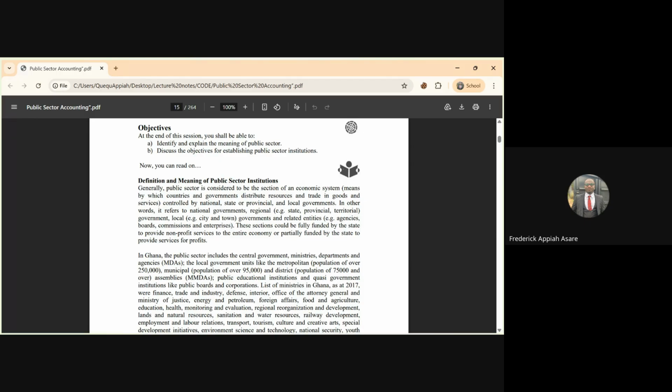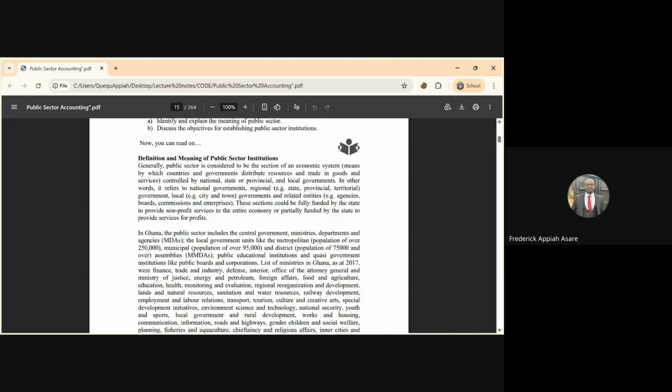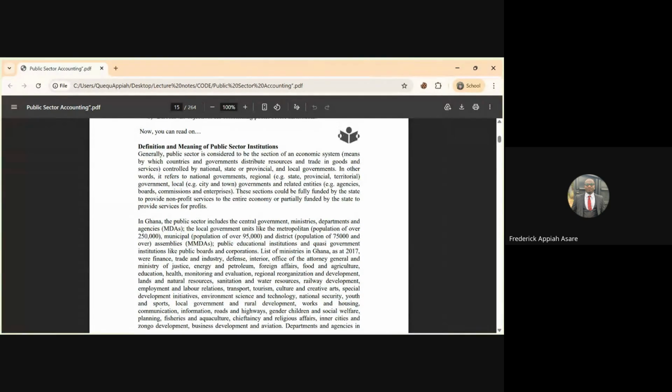Now, let's look at what public sector institutions are. You've heard of public sector institutions, but what are they? What do they represent and what do they do? So, public sector is considered to be a section of an economic system controlled by the national, state, or provincial and local government.